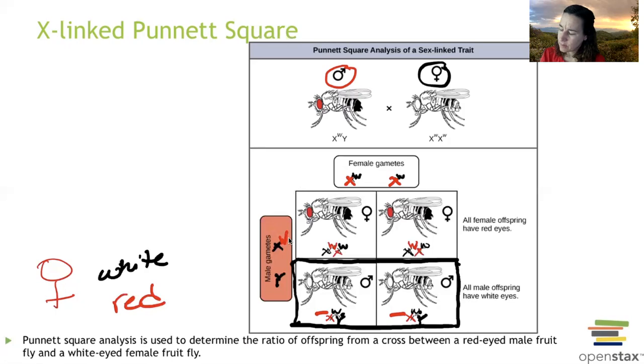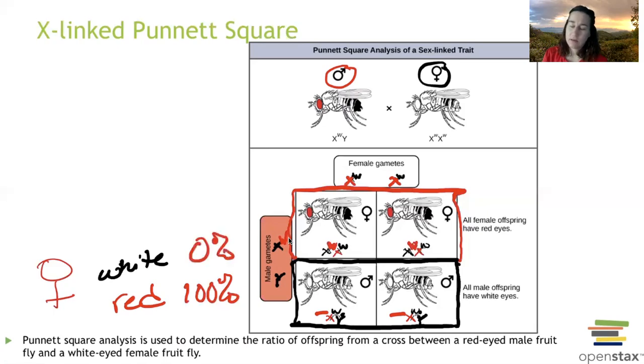Females are going to be this box and this box over here. And out of the females, remember red was dominant, and here's one, and here's one. So both of these, 2 out of 2, if we're asking about red, it's 100% chance that the females are going to have red eyes, and there's 0% chance that they'll have white eyes.